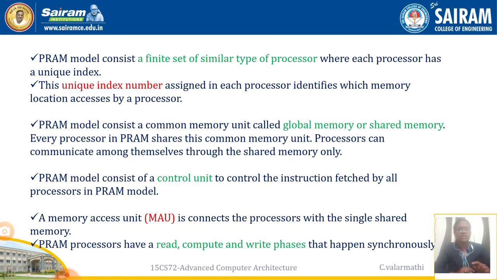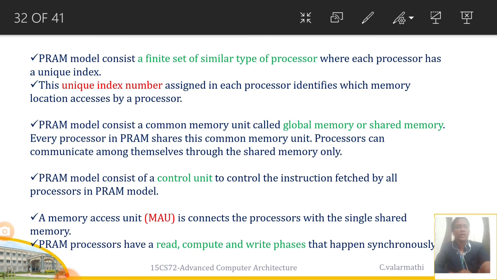And what are the conditions here? In the PRAM model, each processor is of a similar type, and each processor has one index number. And the next point is that each processor has read, compute and write phases that happen synchronously, right? I hope you understand this concept.